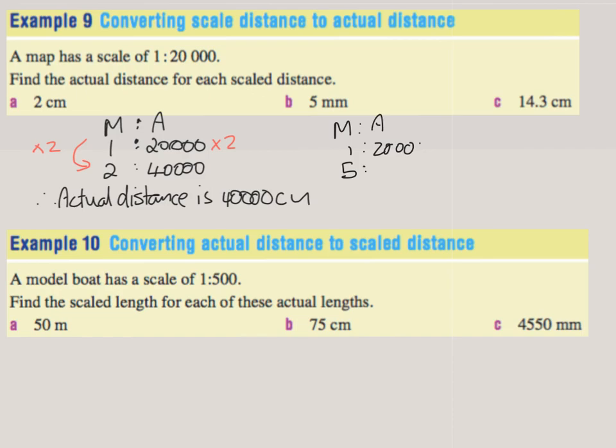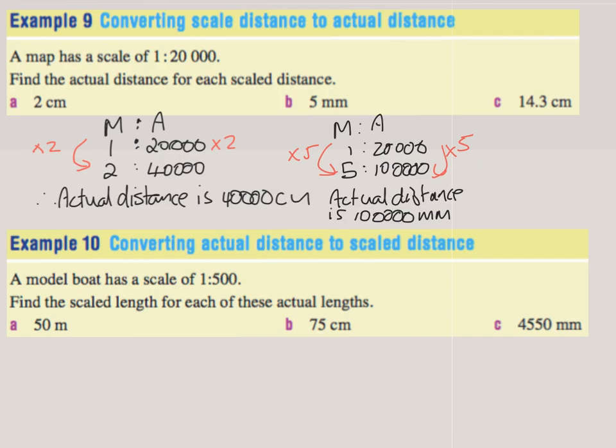I'm going to say from 1 to 5, I multiply to get there, so I'm going to multiply by 5. 20,000 times 5 is 100,000, and therefore the actual distance is 100,000 millimeters.